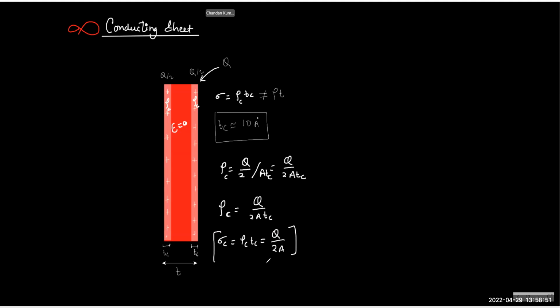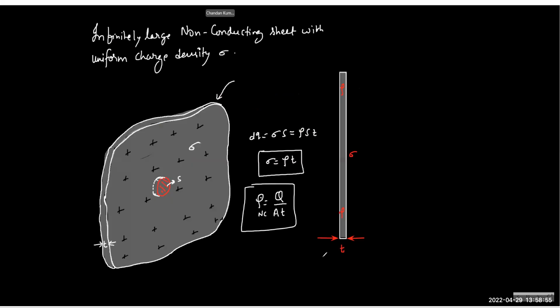So sigma for conductor is Q by 2A, but sigma for non-conductor is how much? Q by A. It is Q by A. So symbolically, it may look like one is bigger, other is smaller, but the reality is both give the same field. It really doesn't matter whether we have the conducting sheet or non-conducting sheet. If you supply the same charge, they will create the same field.